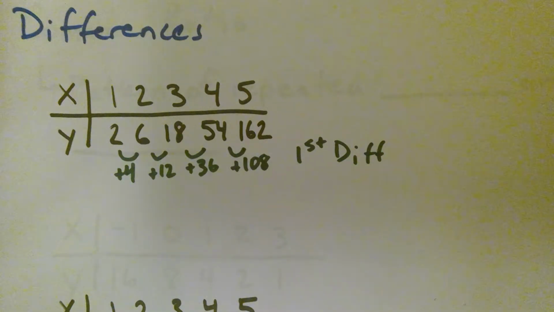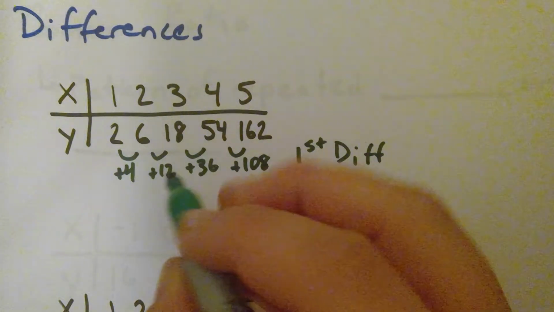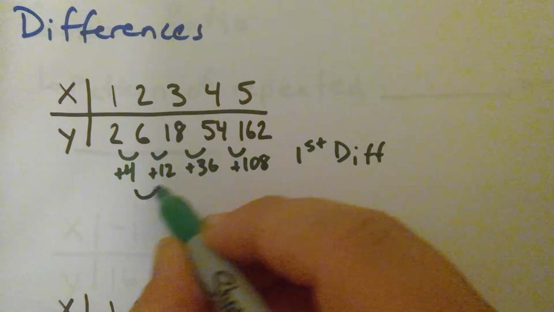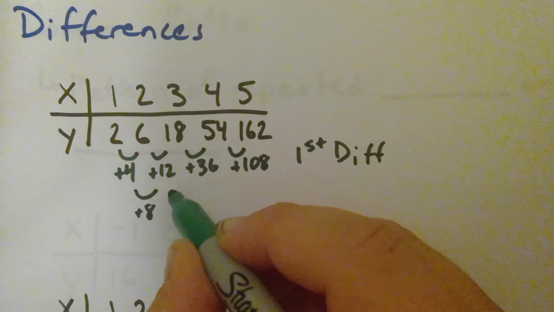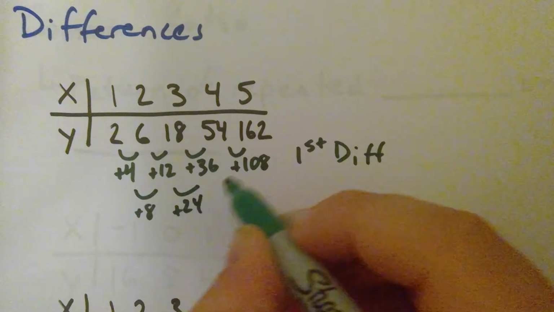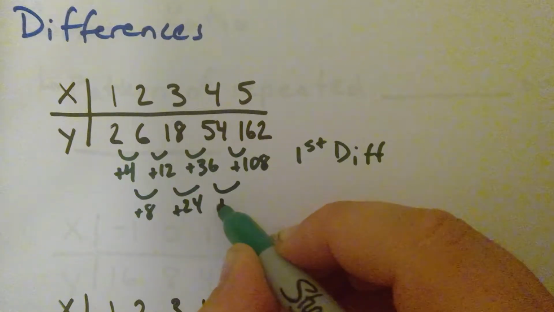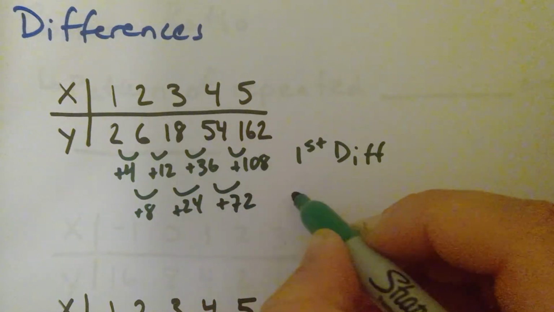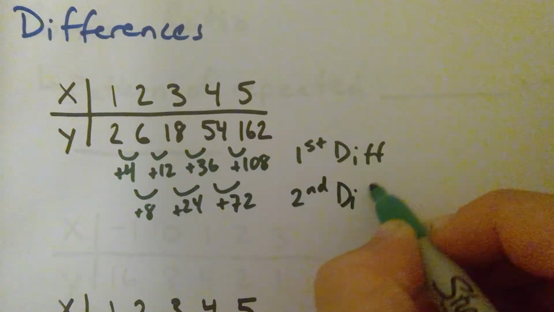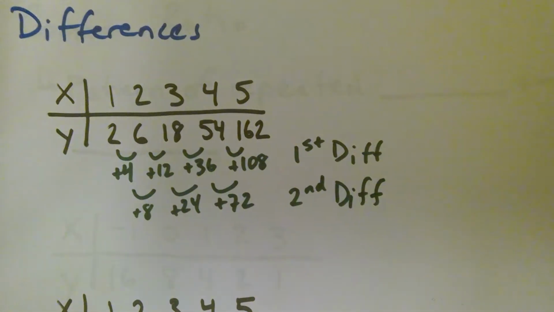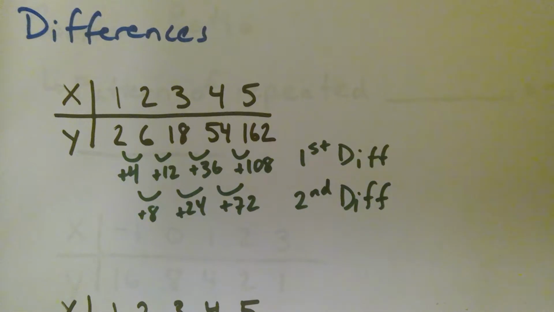Let's go ahead and do it again. That is plus 8, plus 24, plus 72. That's the second difference. The reason why we look at first differences and second differences is we want to see if there is an exponential function.